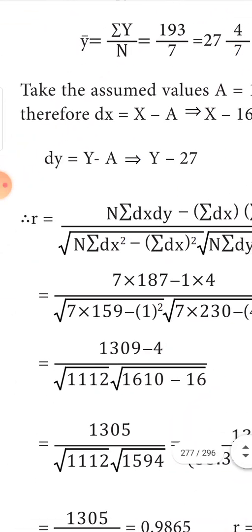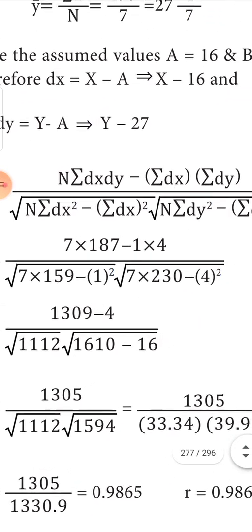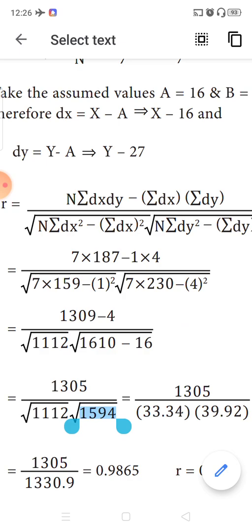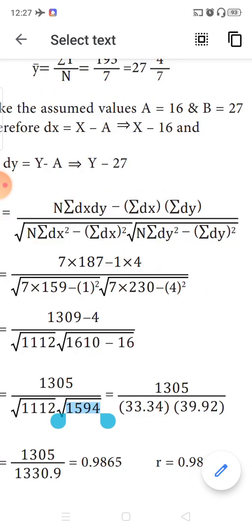Now, let us go to the sum here. Write the formula again. n into sigma dx dy minus sigma dx into sigma dy, divided by root of n sigma dx square minus sigma dx the whole square, into root of n sigma dy square minus sigma dy the whole square. Now, what is the value of n here? 7. Initially when we found out x bar and y bar, we knew that it was 7.